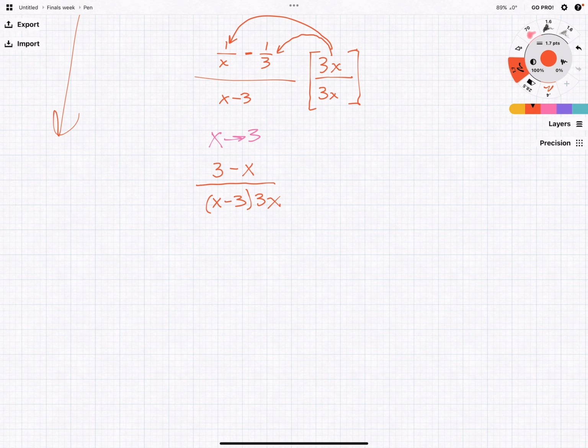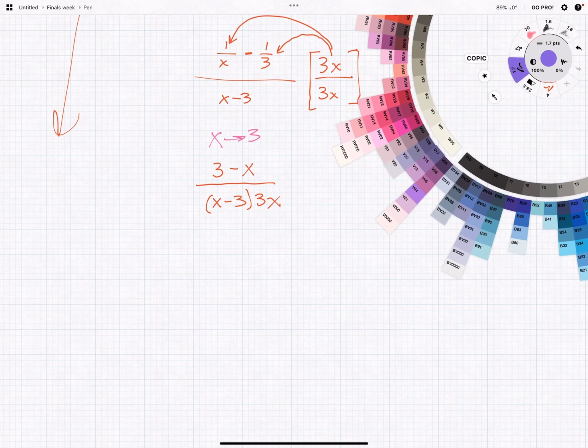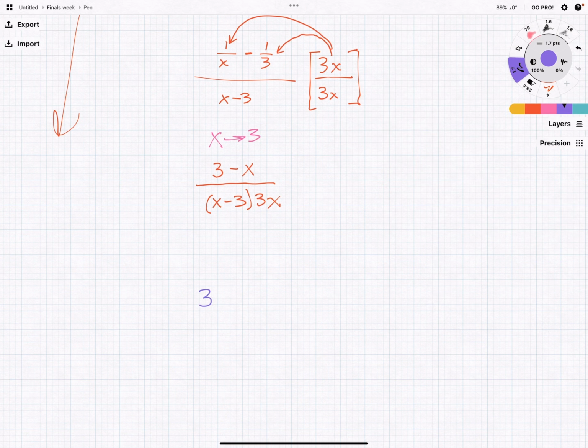We can take this 3 minus x here and factor something out. At first I think, wait a minute, how could you possibly factor something out of that? Well, factor out negative 1.